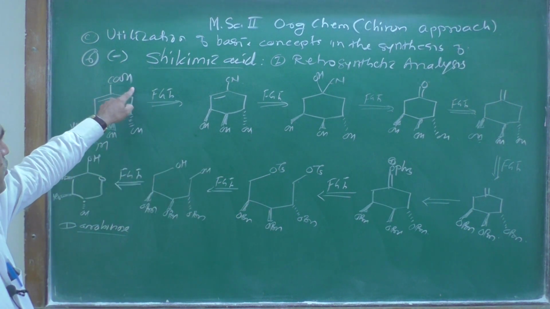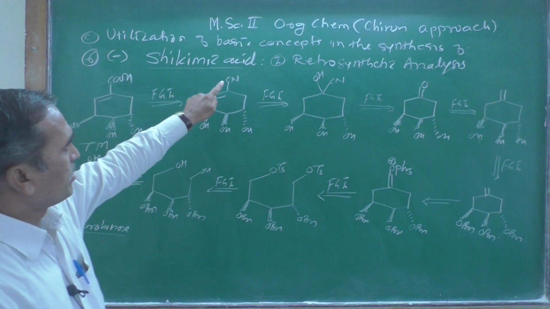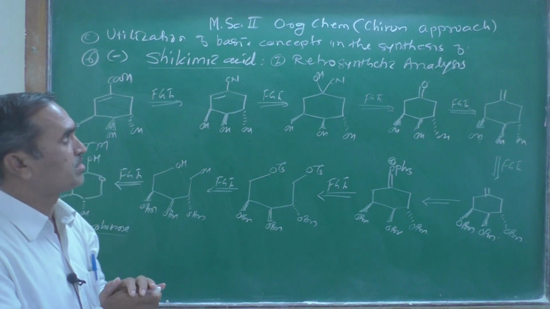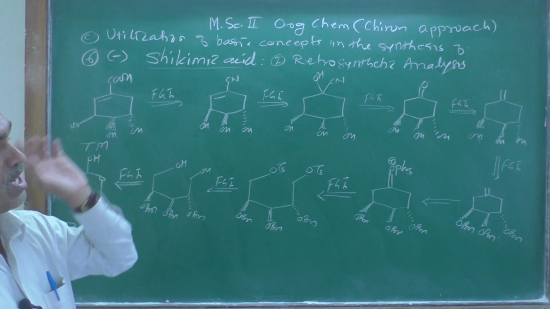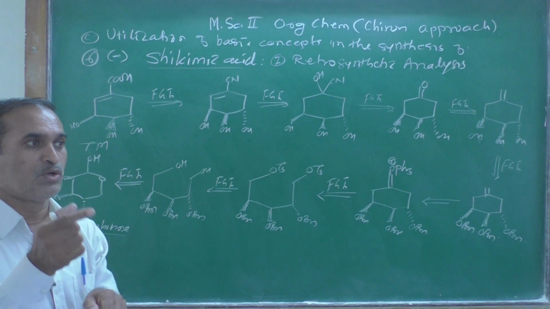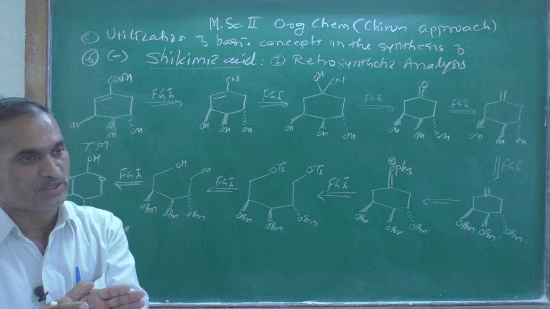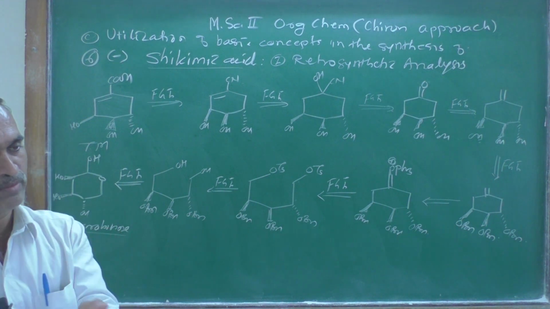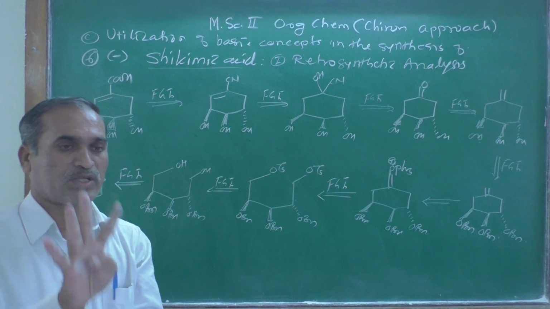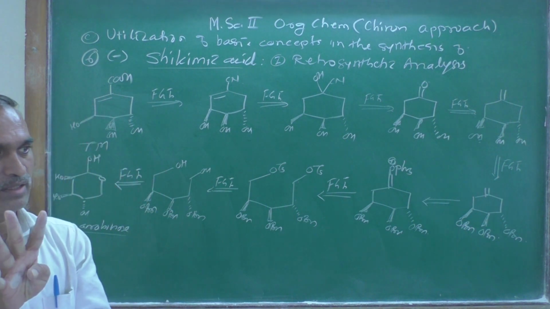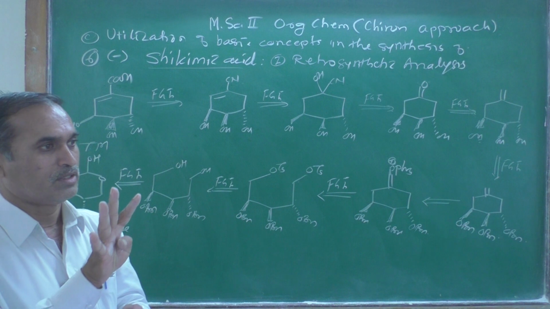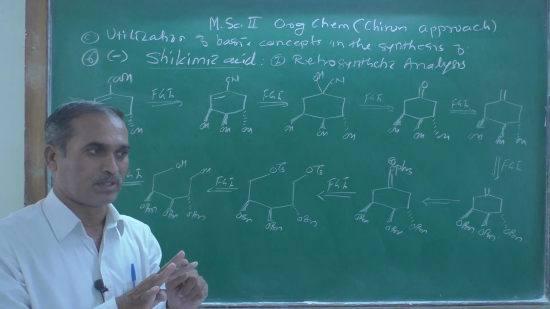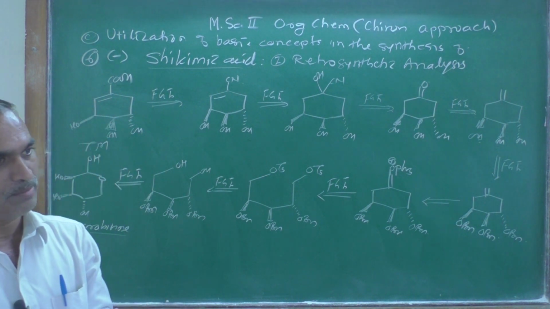So look at the carboxylic group here, if there is a cyanide group. While doing a retrosynthetic analysis, we always use the Chiron approach, meaning we go to the starting material from there. We know there are four chiral precursors. One is carbohydrate type of symmetry.